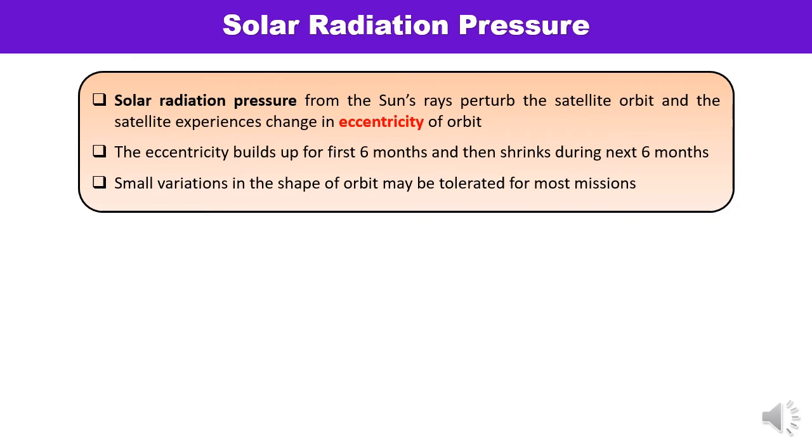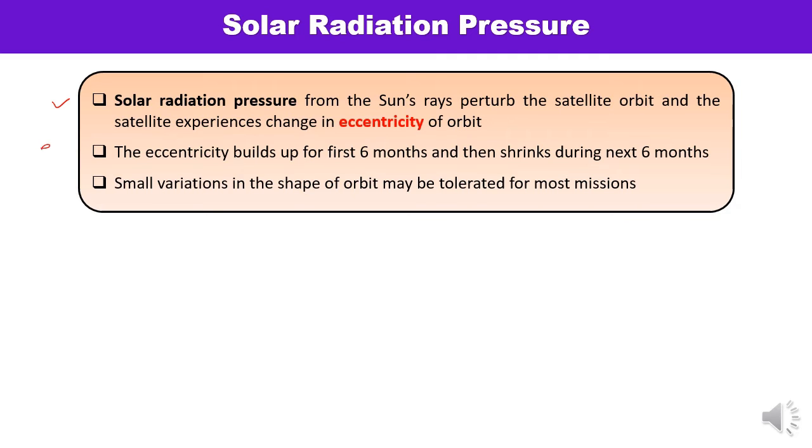Here the acceleration due to the radiation pressure must be taken into consideration when you are calculating the disturbances. And the major impact of solar radiation pressure is that it changes the eccentricity of the orbit, which evolves over a period of 1 year.